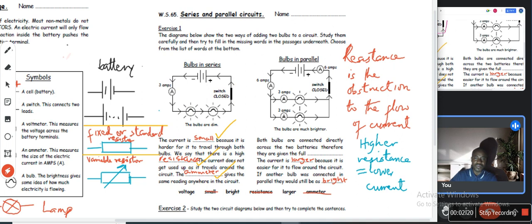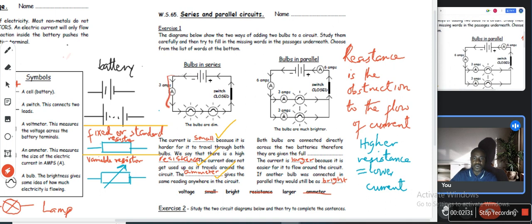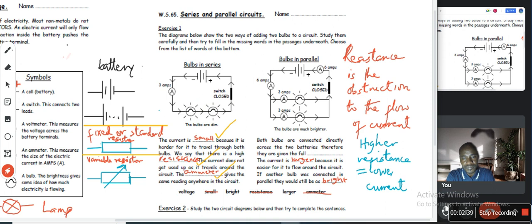After all, the current doesn't enter another route, does it? It can only flow through one route. Scroll up a bit to reveal the diagram properly. The current can only flow through one route. So the current is the same everywhere in series. What did I say? Current is the same everywhere in series.